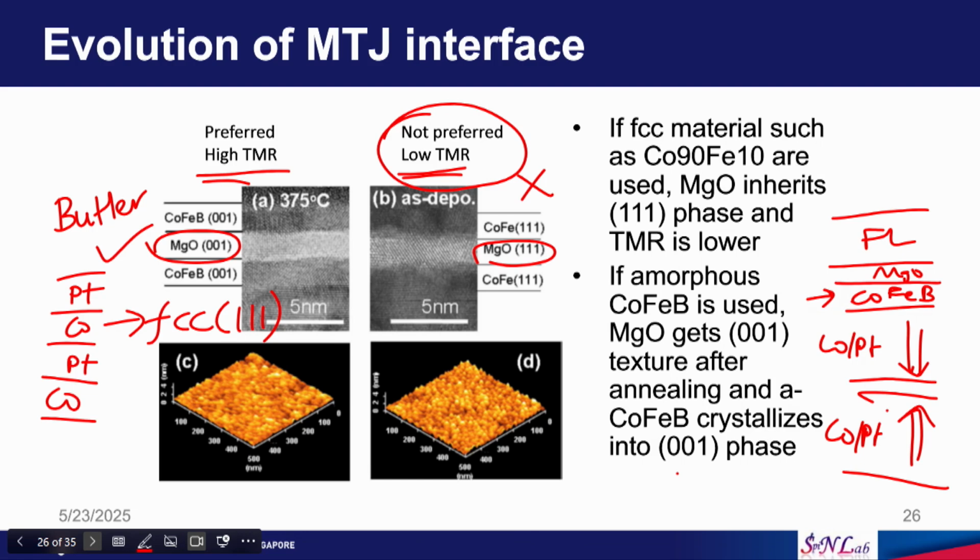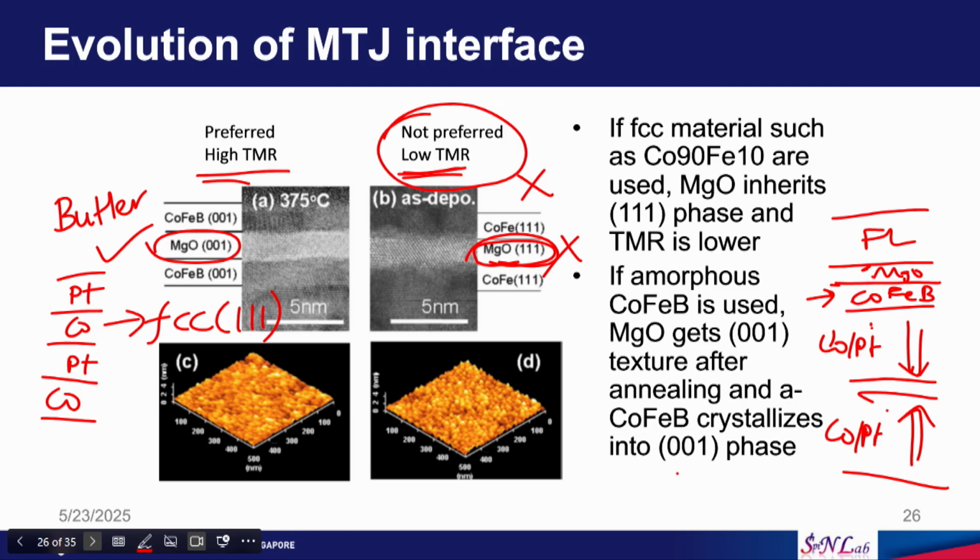If this cobalt platinum is FCC 111, and you grow this magnesium oxide directly on top of this, then magnesium oxide will grow in this 111 texture, then you will have low TMR. So, we do not want this one.